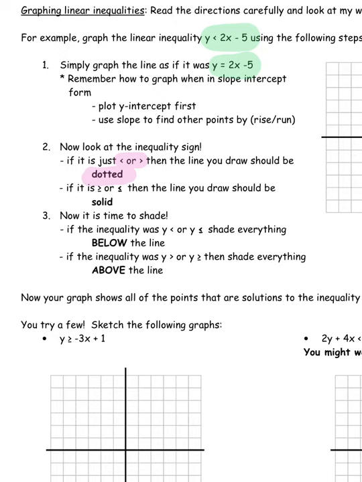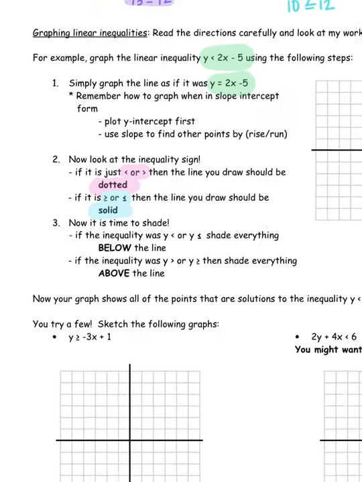If it is greater than or equal to, or less than or equal to, the line we draw is going to be solid, as if it were just a regular y equals, because the sign equal to is in the inequality. The line is going to be solid.